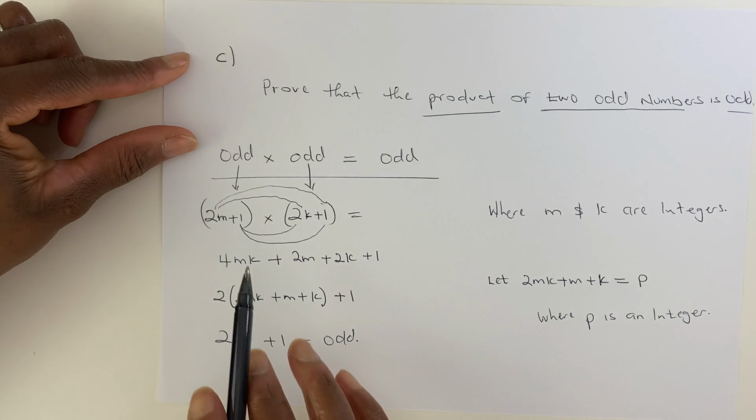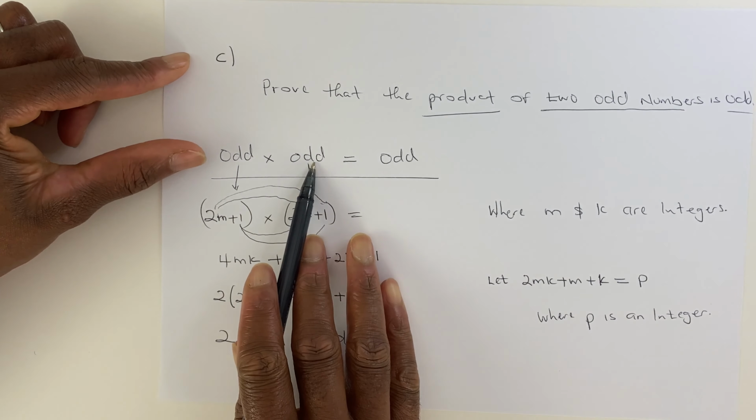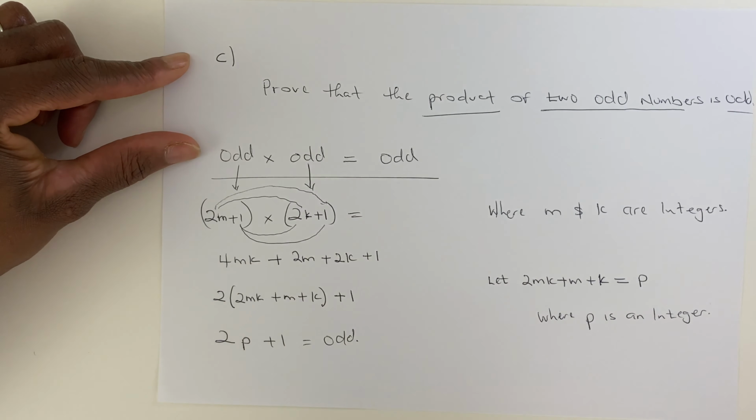So I've just proved that when you multiply an odd number with an odd number, you get an odd number.